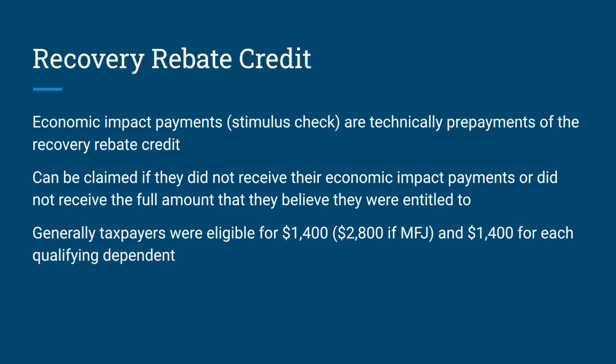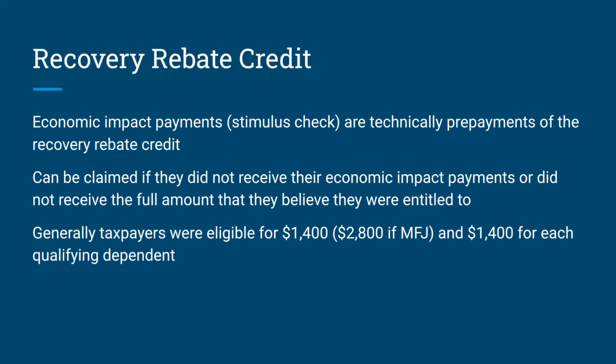And generally, taxpayers were eligible for $1,400, $2,800 if they were married and filing jointly, and $1,400 additionally for each qualifying dependent. And so this is one where you should go through, and in Publication 4012, there are instructions for how much they should have gotten in the recovery rebate credits, total up how much they got for that stimulus payment, and how much they think they should have gotten, and make sure that those agree with what they actually got.